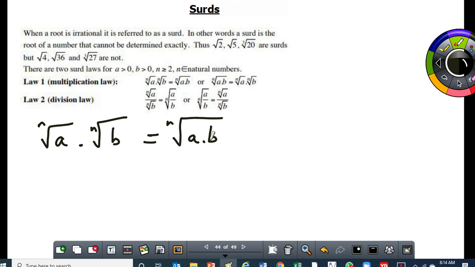If you have got different numbers here and there, it means that you cannot use that multiplication law. The multiplication law can only be used if the n is the same.